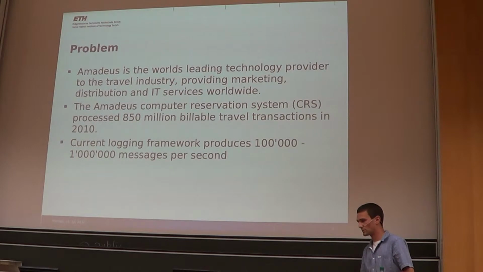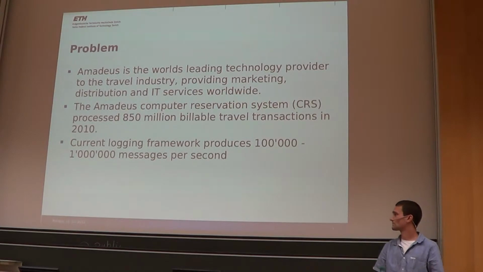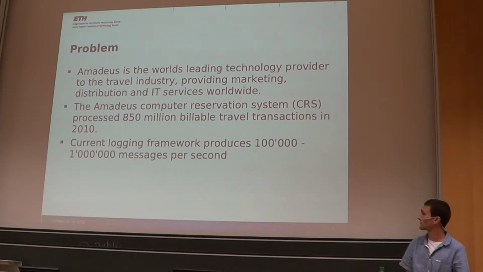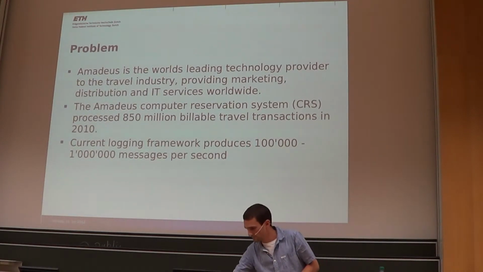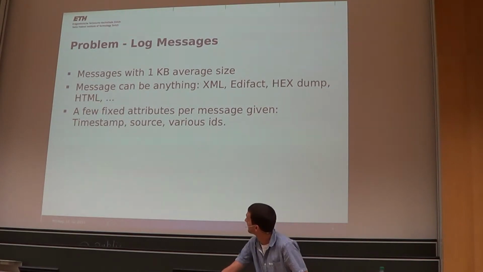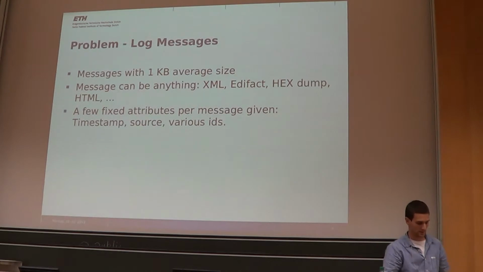And those systems generate many logs, and currently they generate around 100 to 1 million messages per second. Each message has an average size of 1 kilobyte, and it can be almost anything.